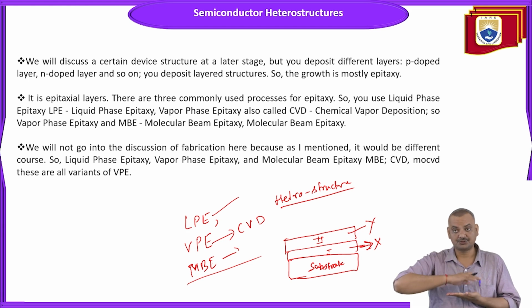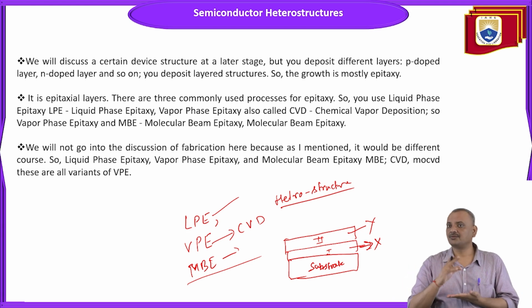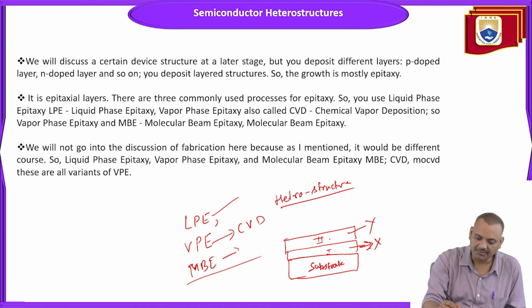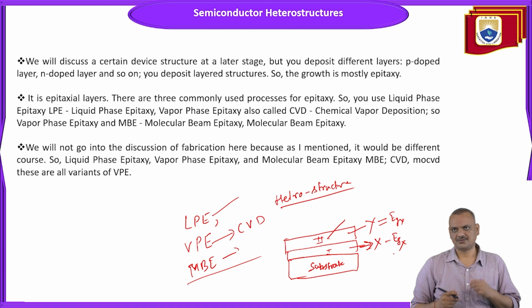Both materials should be different. Then only is it a heterostructure. You can say these are heterostructure junctions. And the band gaps of X and Y, EGX and EGY, should also be different. Okay. Then only you can say this is a heterostructure.